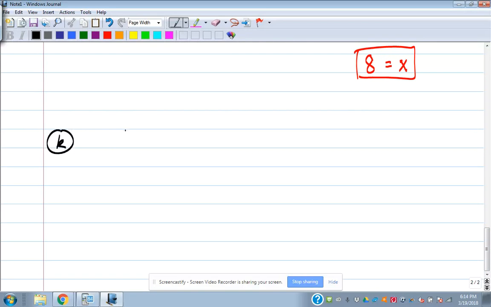Okay. Log base 36 of the square root of 6 equals x. It's kind of ugly, but doable.